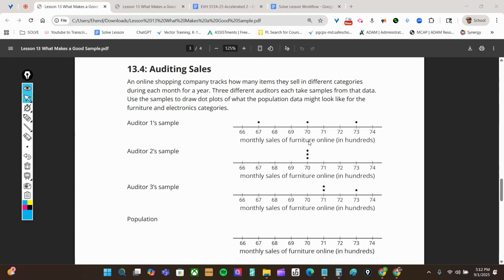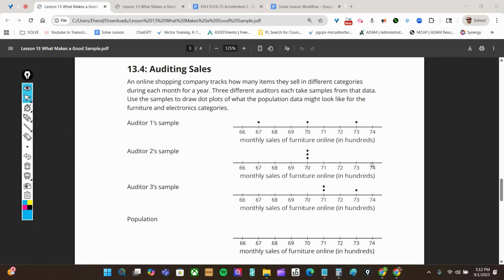Okay, so basically they all have strengths and weaknesses. So I think the question is, which one is probably the best one to use? Let me double check. What does it say?